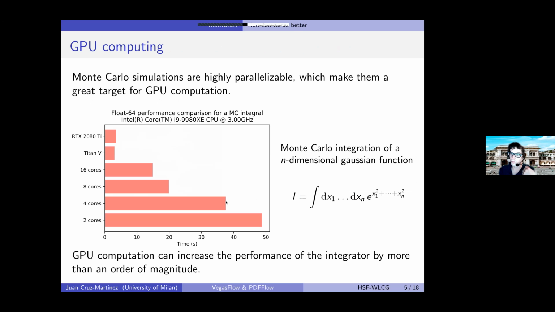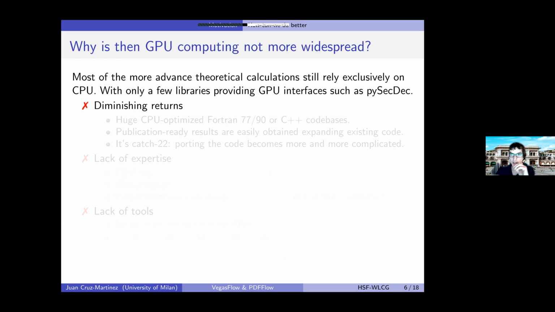So one could say, okay, I have this integral, I just apply parallelization without thinking about anything else, and one would already get some kind of speed up without even thinking about doing it in a particular or optimized way. And then one could ask, why is GPU computing not more widespread in our community?